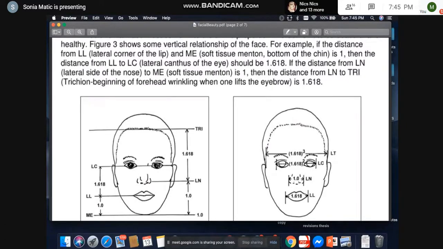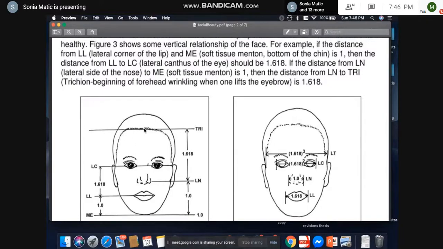Then the distance to the forehead wrinkling when one lifts the eyebrow is 1.618. So that's 1 is to 1.618. That is the divine proportion of the length of the face.